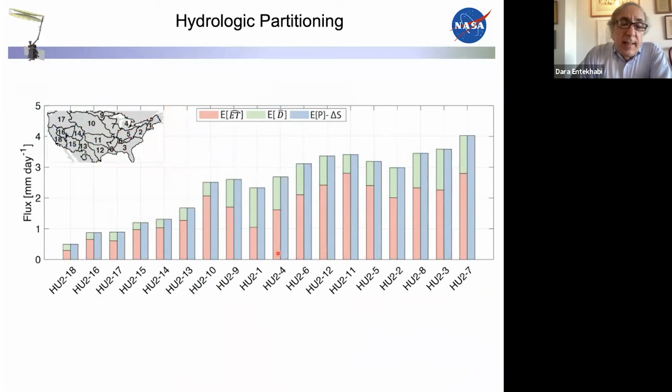But what that allows us to do is then look at the partitioning of the precipitation into evaporation and drainage over all the basins over the US. And they're quite variable across the US. Again, this is observations only, precipitation and soil moisture.